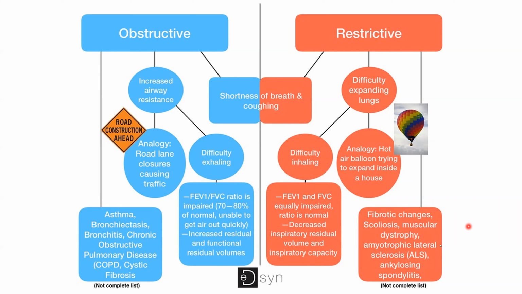So things that might cause restrictive diseases are things like fibrotic changes, scoliosis, muscular dystrophy, ALS, and ankylosing spondylitis. And again, this is a very incomplete list, but I just wanted you guys to see a really good comparison between the two, obstructive and restrictive diseases.